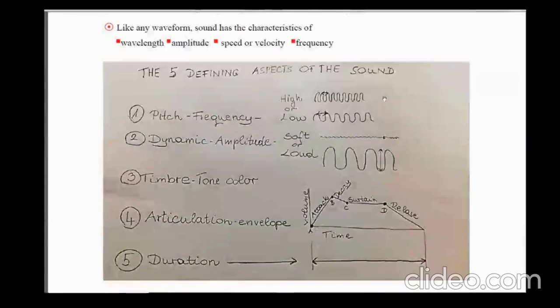Now if we go back, the pitch or frequency depends on the length of the wave. So if you see, the higher the note is, the shorter the wavelength. The lower the note is, the longer the wavelength.